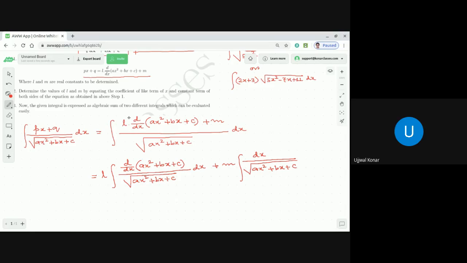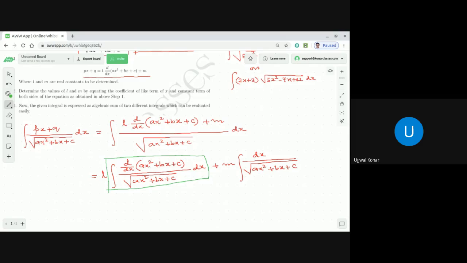The first integration is quite simple. Can anyone give some idea how to do it? Gurman, Sagnik, Divanshu, Srijita, Disha, Mohit, can you give an idea how we can solve this integration? The numerator we can split.